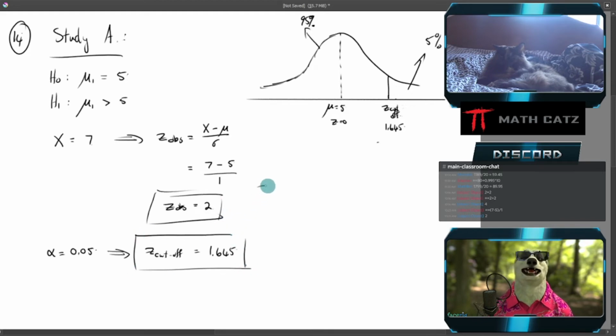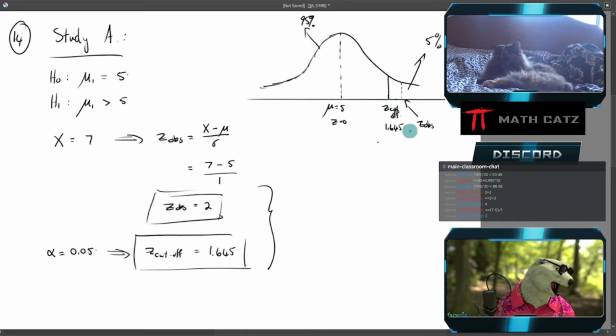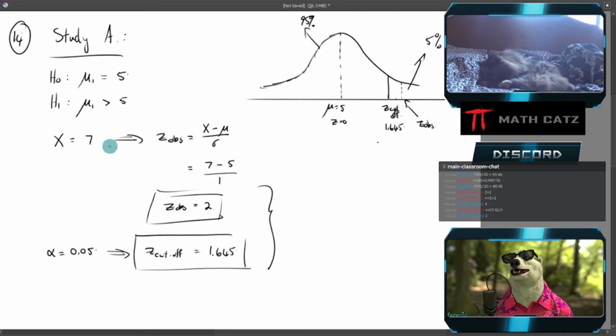I can use these two and compare them and say, well, my observed, move it a little bit over here, Z observed is further to the right of this cutoff line I was okay with working. If I see anything past this cutoff line, that tells me that this isn't just a fluke.